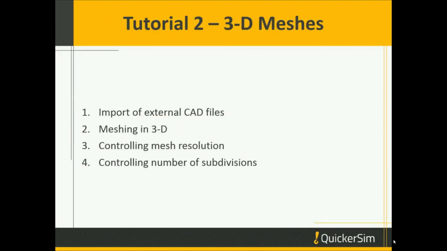This is the outline for our first tutorial, but in the two next parts we will be talking about import of external CAD files and meshing of 3D geometries, then control mesh resolution in an automatic manner, and controlling number of subdivisions on certain lines so that you can refine your mesh in places that are most critical for you.